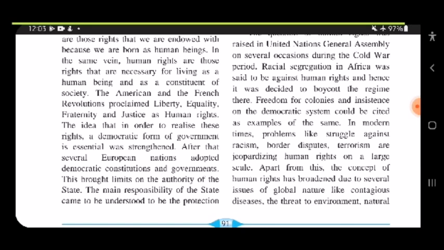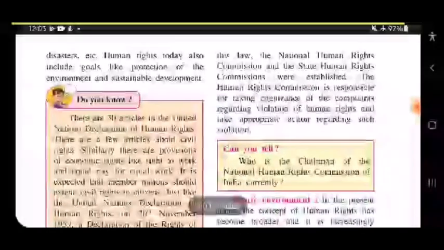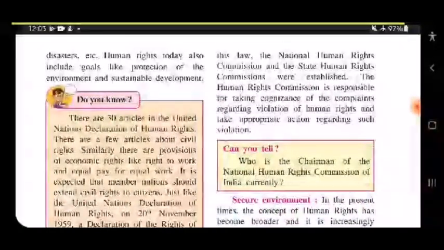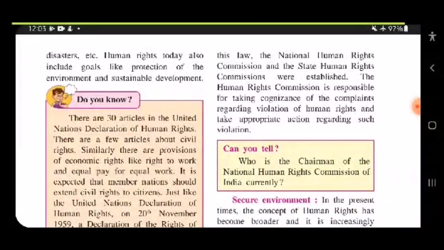These are all problems that we are facing. Apart from this, the concept of human rights has broadened due to several issues of global nature like contagious disease, the threat to the environment, natural disasters, etc. Human rights today also include goals like protection of the environment and sustainable development. What is sustainable development? It means each and every person should get the required resources.